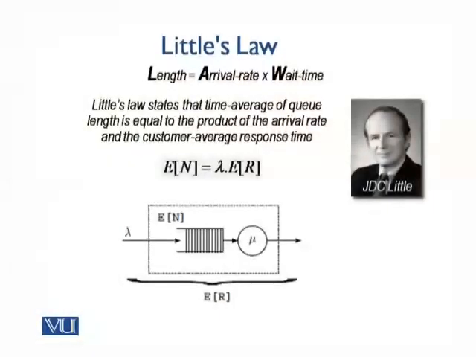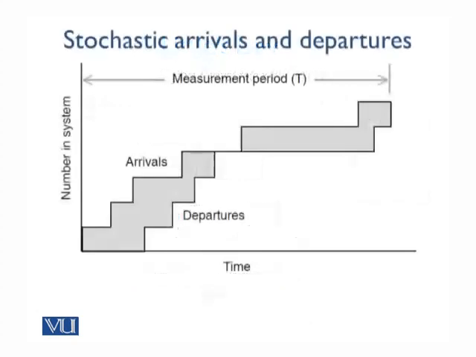Okay, if we want to understand Little's law intuitively, we can understand this and even prove this in a graphical manner. So let me now show you the stochastic arrivals and departures into a queue. We see a graph here. On the x-axis we have time, and on the y-axis we have which customer is in the system.